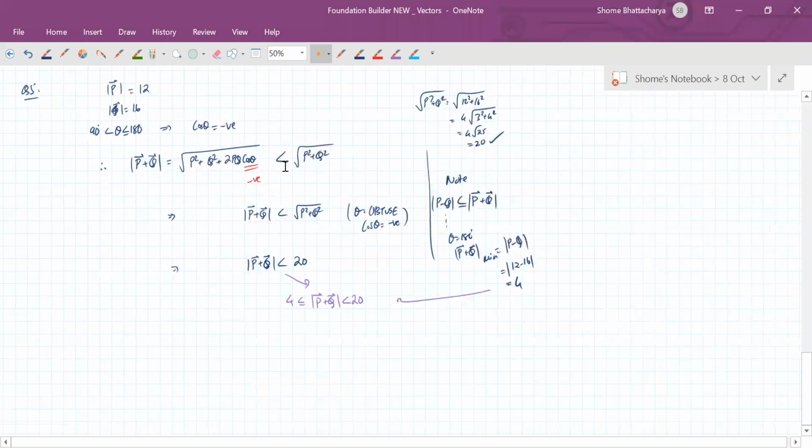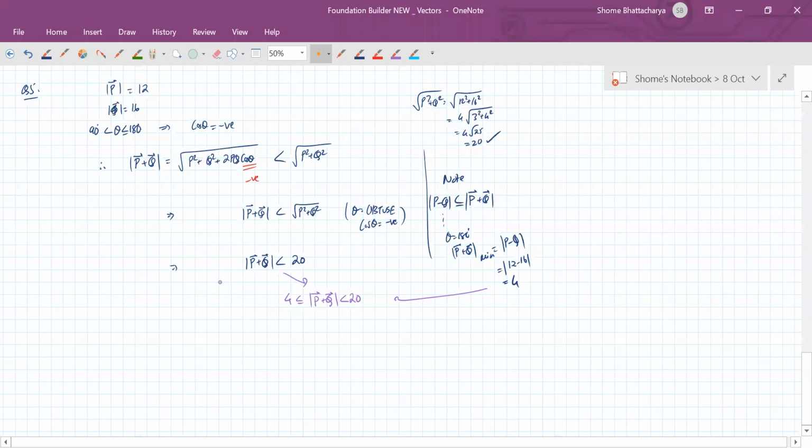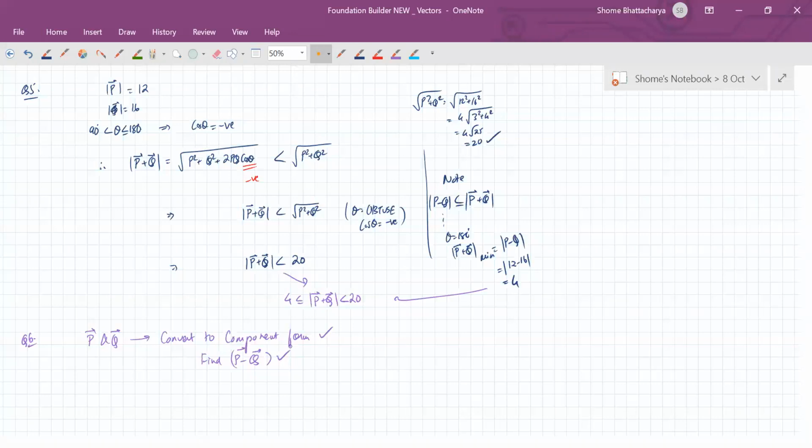So if you haven't done question 6, just try it by the same method. It's quite easy. First, what you do is P and Q shown in the diagram, convert to component form, first step, okay, and then find what they've asked for, next step. Okay, so just go through this and try this out, people.